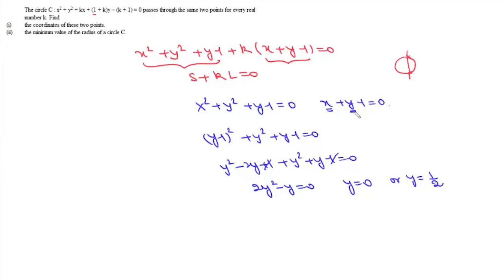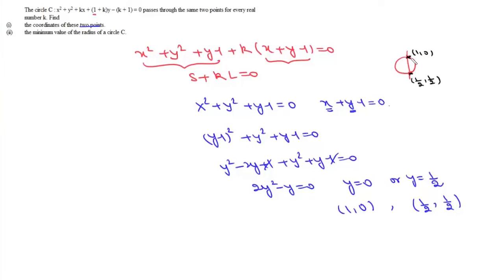Now if we put y as 0, we'll get x as 1. So one of the fixed points is (1, 0), and the other fixed point is when the value of y is 1 by 2. If y is 1 by 2, x is also 1 by 2. So it will be (1 by 2, 1 by 2). So these are the coordinates of the 2 fixed points. Now the second part is the minimum value of the radius of the circle.